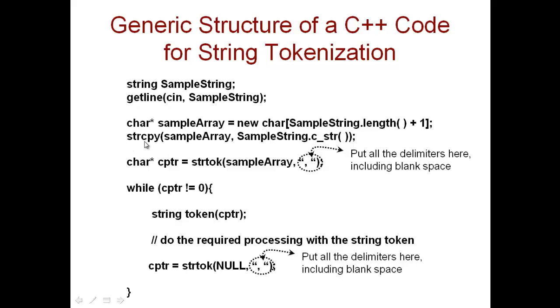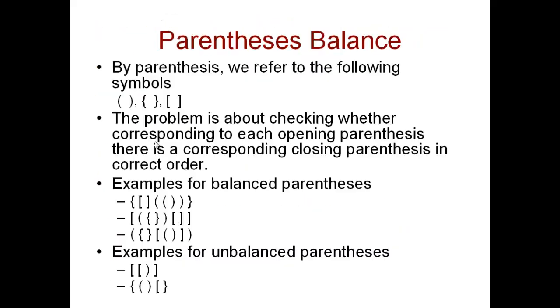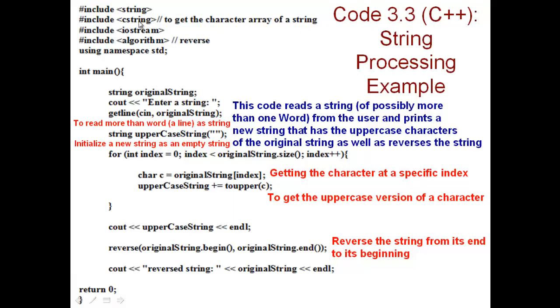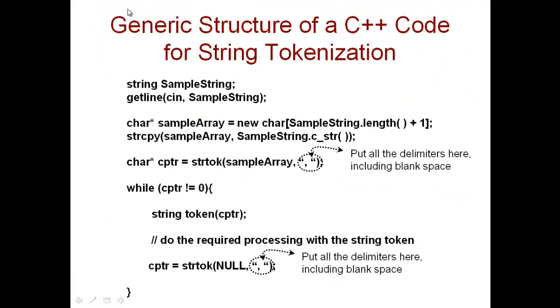And then I call this strcpy, string copy function, which comes as part of the cstring header file. So in order to do all these things we have to include the cstring header file. Using this string copy function I can copy the contents from one character array to another character array. The first argument is the target array to which you want to copy the contents. From where? From sample string. But remember, sample string is of type string, so you also want to pass a character array as the argument.